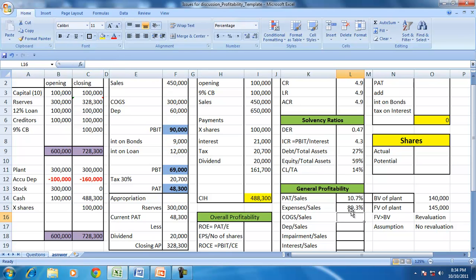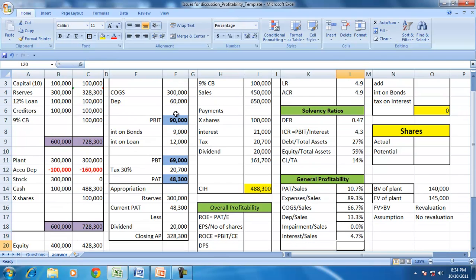So 89.3% is an expense, which consists of COGS around 67%, depreciation around 13%, impairment 0, interest, both bonds and the loan, interest 9,000 plus 12,000 divided by sales is the remaining expense.